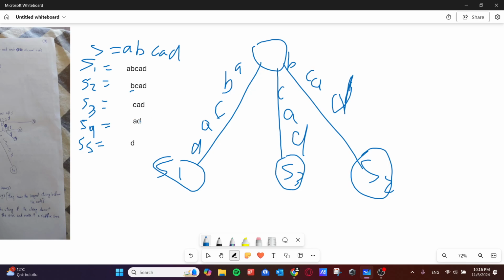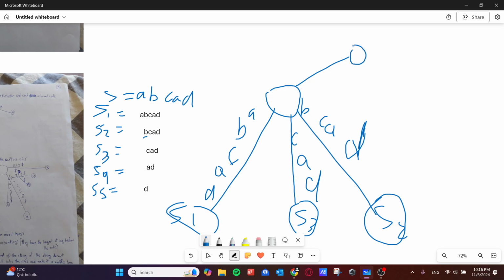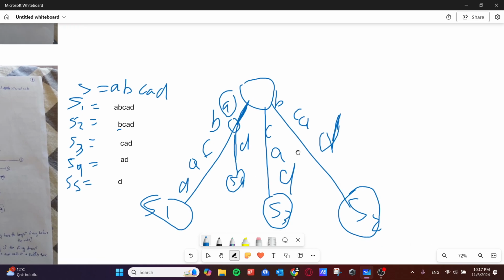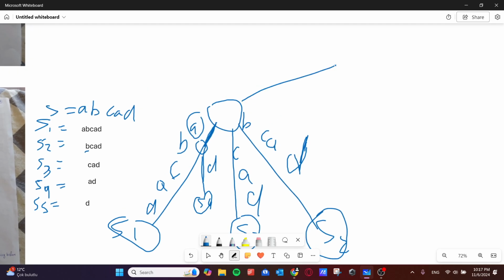Here we have AD, but as we said, we shouldn't draw more than one edge starting with the same letter. So we will put a node here, where we have A, and put an edge. This is the S4, so it will be A, then D. This is S4. S5 is D. So we'll put it like this.